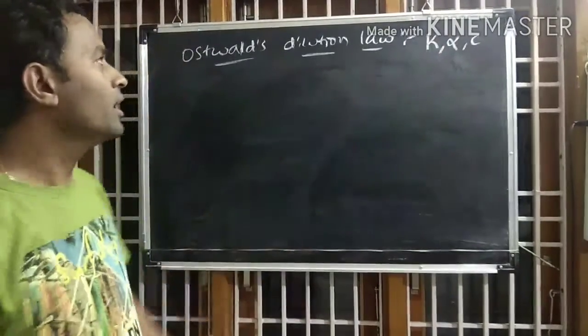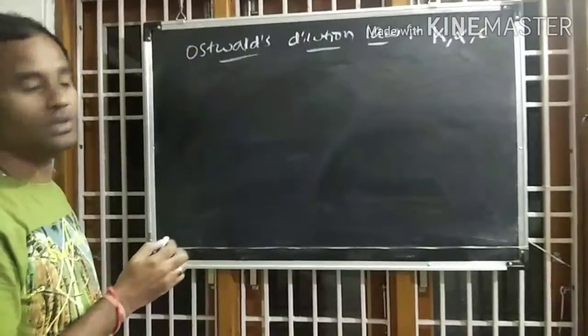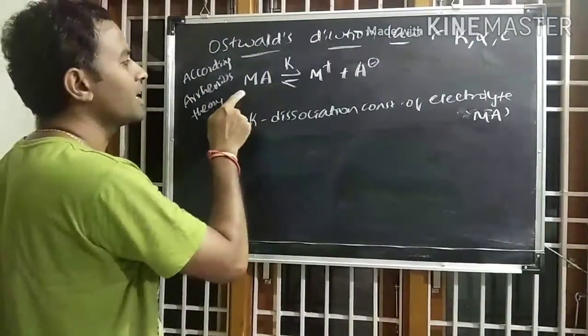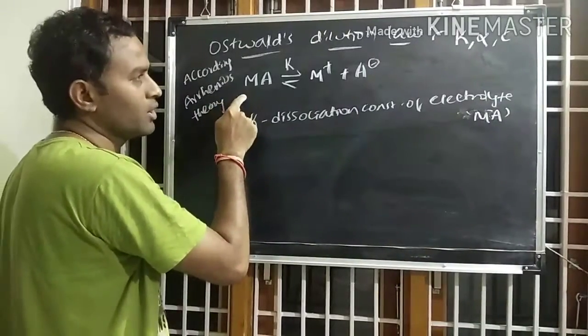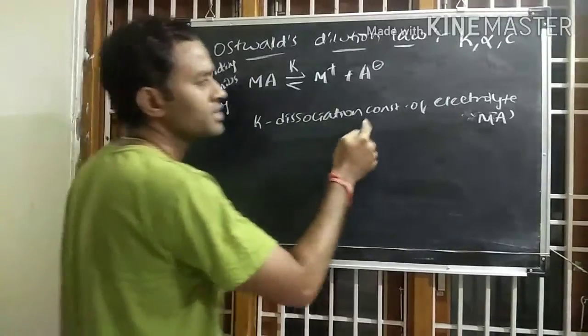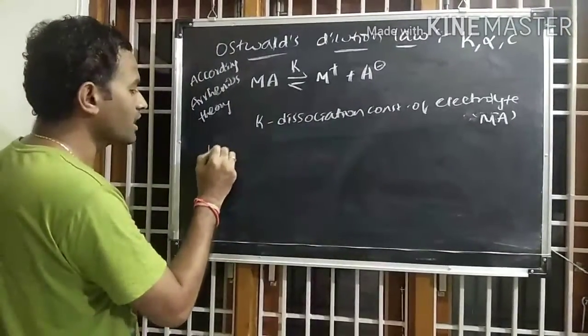Now we are going to derive the mathematical relationship based on the Ostwald's dilution law. According to Arrhenius theory, there exists an equilibrium between the undissociated electrolyte molecules and dissociated ions, where K is the dissociation constant of the electrolyte.